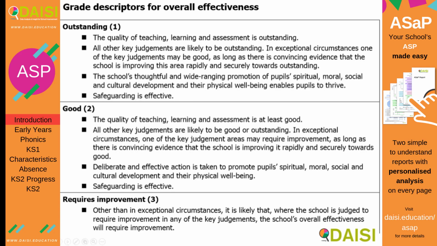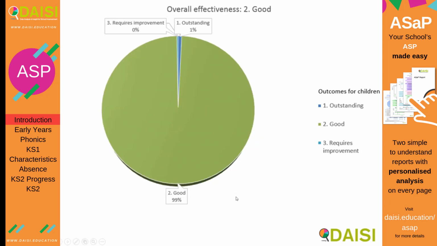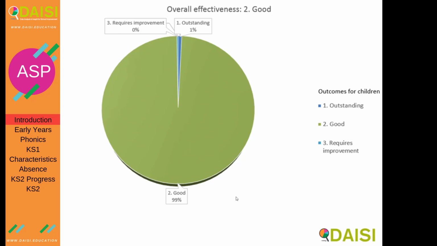Well, I've done this analysis based on the 2016-2017 Ofsted inspections. And for all of the schools which were outstanding overall, 95% of the time, the outcomes for children were outstanding. If a school was good overall, 99% of the time, outcomes for children were good.